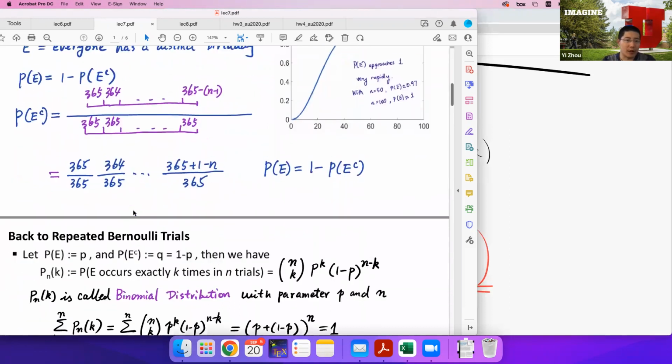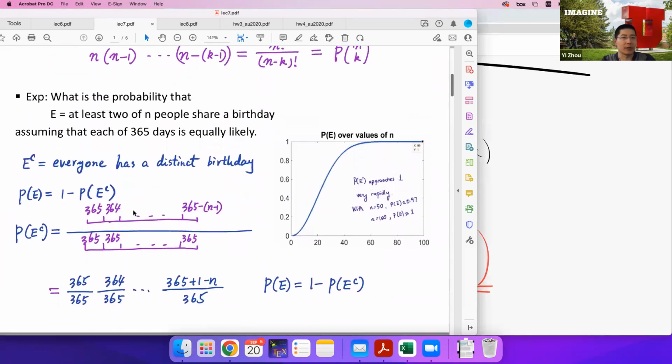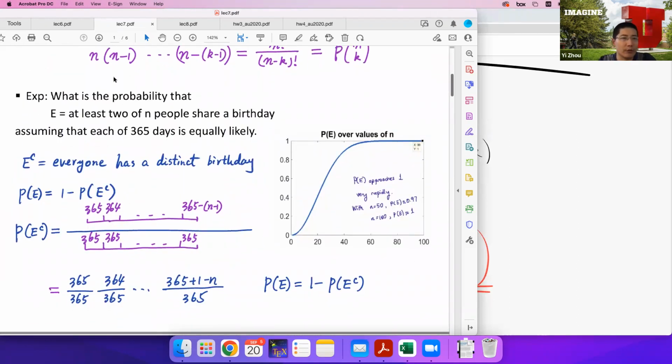And this question, I think I will just go over it on the note. So what is the probability that at least 2 of n people share the same birthday? Assuming that everyone is equally likely to be born on each day throughout the year.